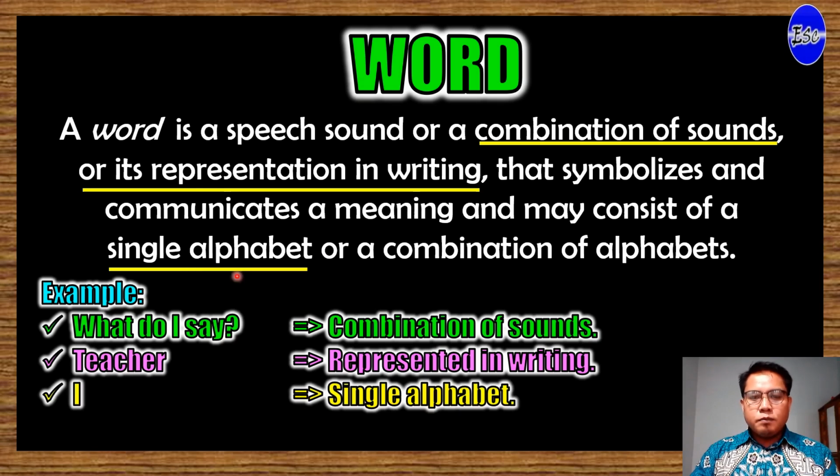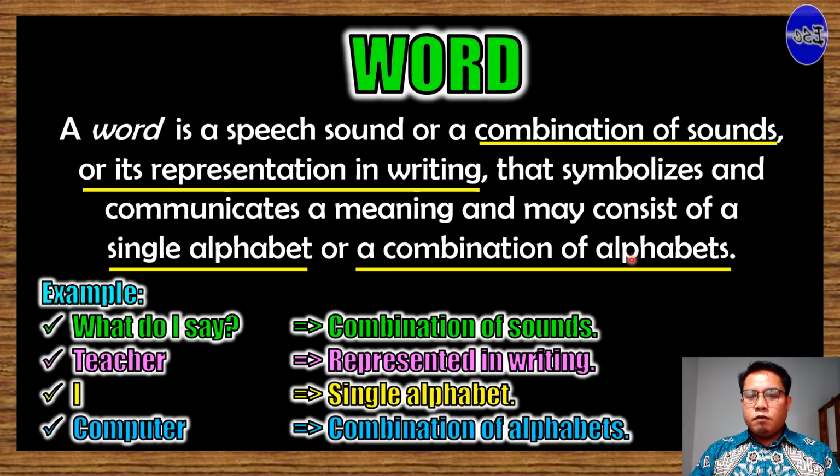And then a word can be a single alphabet, only a letter, as long as it has meaning. Then a letter can also be a word. For example, I say I, it has meaning. Or another example, A, meaning one, that is also a letter.